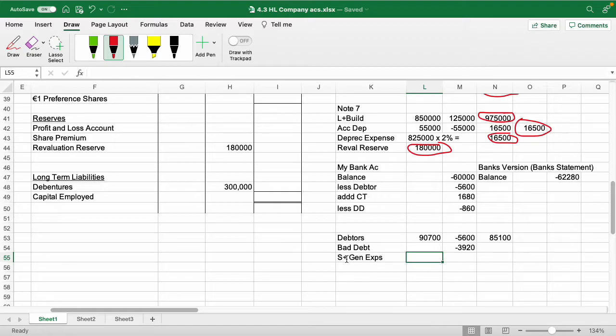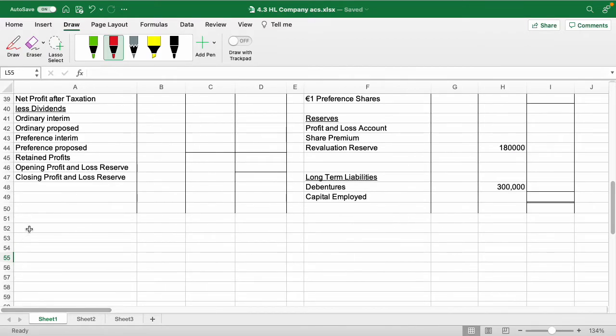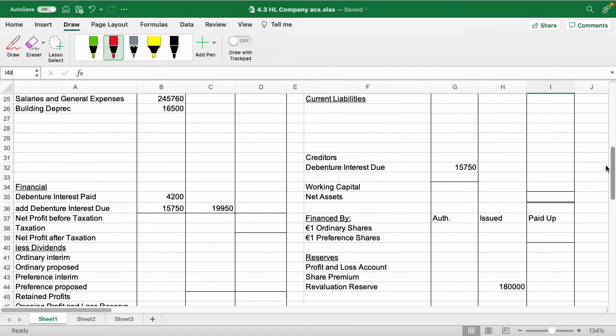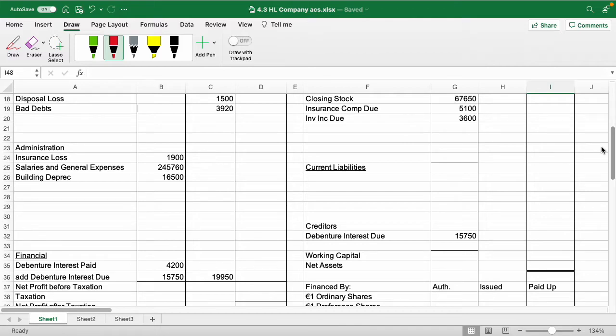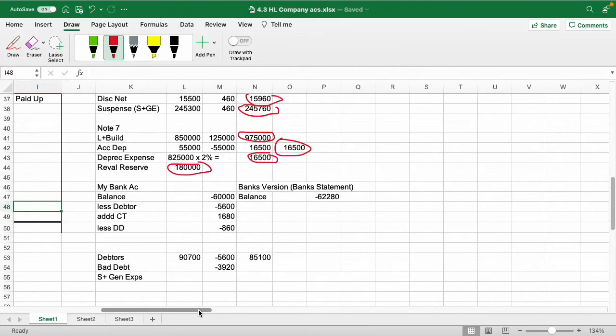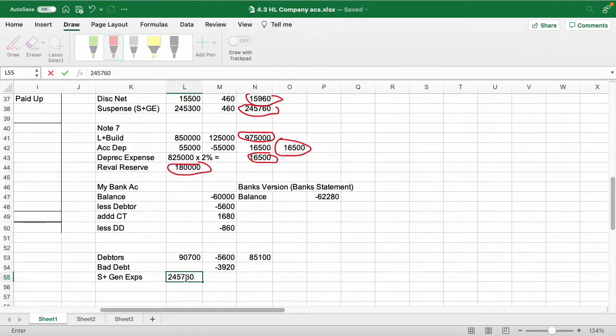So the figure at the moment, I know I dealt with salaries and general expenses because of my suspense. So salaries and general expenses, I had 245,760. So I need to change that. 245,760. That was the figure I had after my suspense.